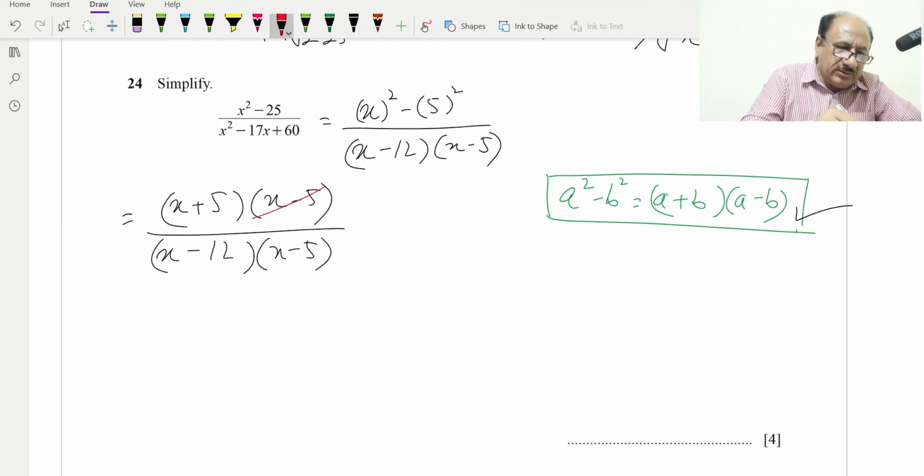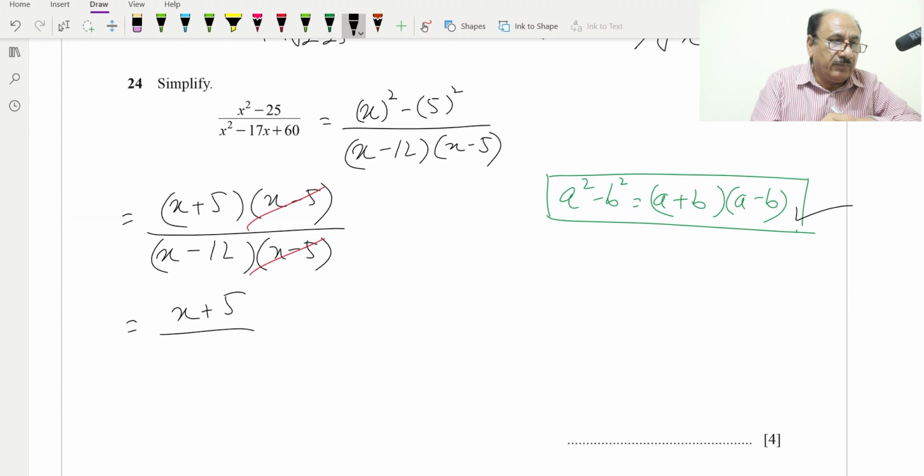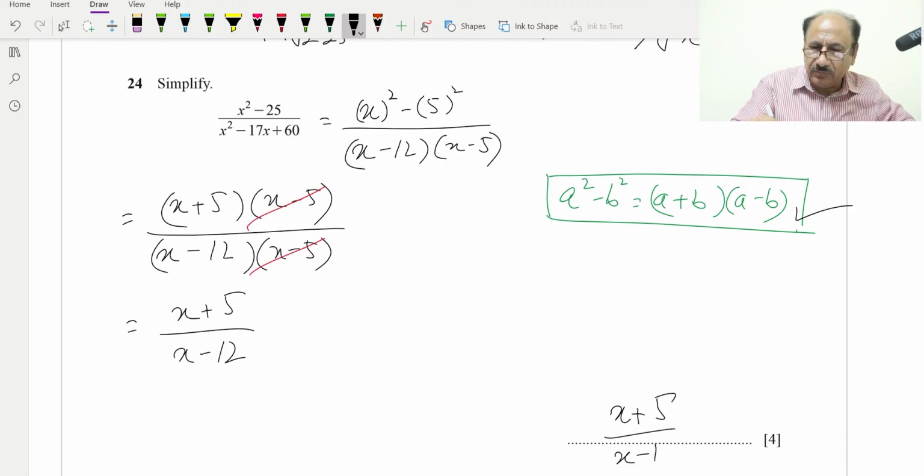Now we can cancel this with this, and our final answer will become x plus 5 over x minus 12. This will be the final answer which we can provide over here.